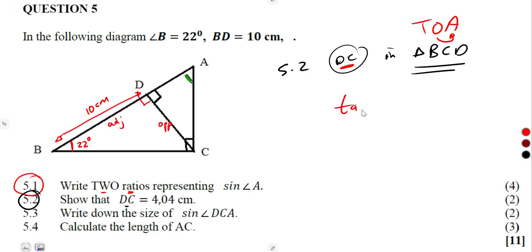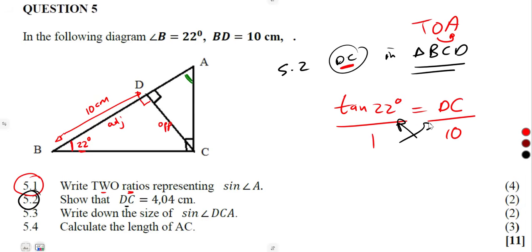So the tan of the angle, 22 degrees, is equal to the opposite, DC, over the adjacent. Opposite over adjacent. What is our adjacent? BD, which is 10 centimeters. So we can find DC, guys.